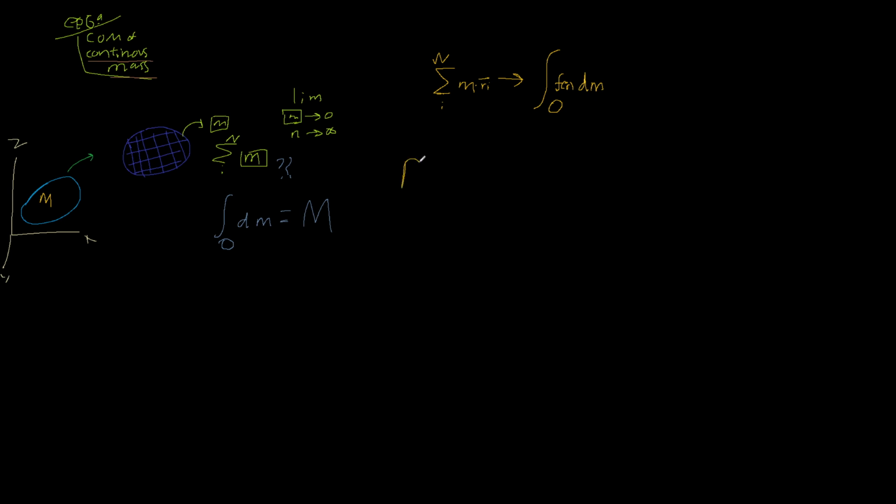And so the center of mass of our object is this integral f dm over the integral dm. And so usually this f is not that complicated, but yeah, that's pretty much how it goes.